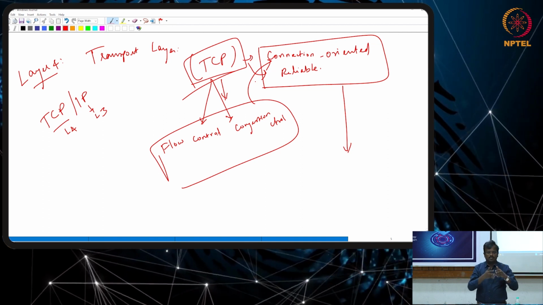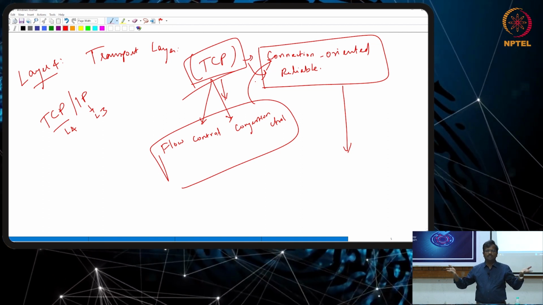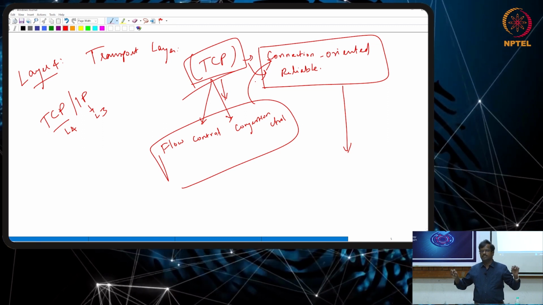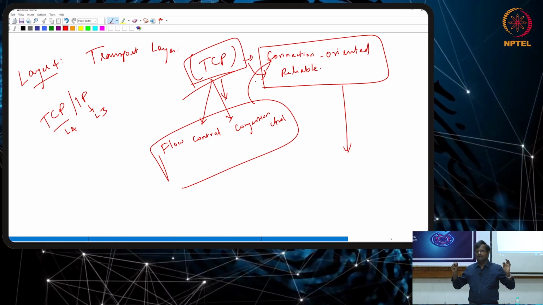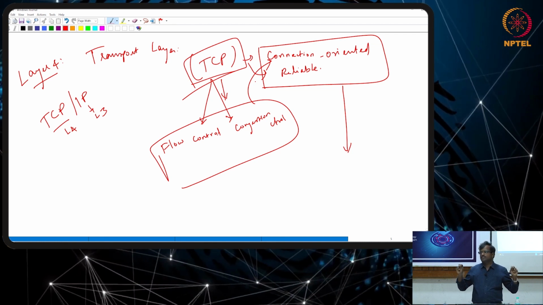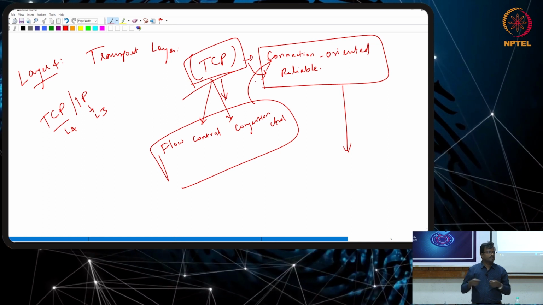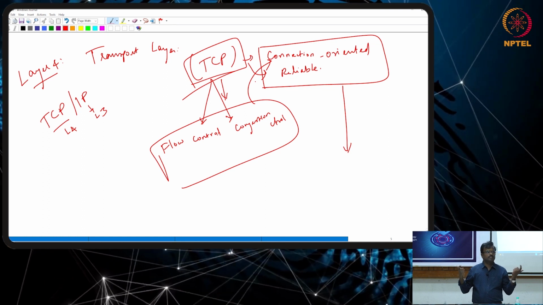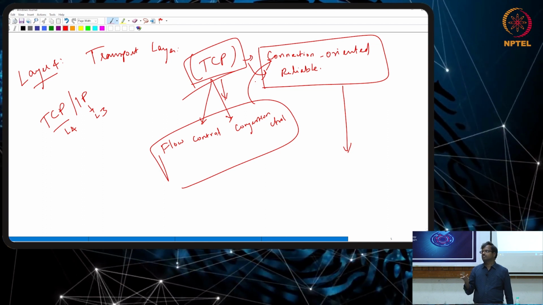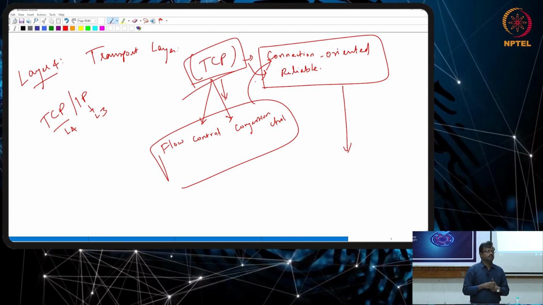So there is a sequence of data that is transmitted which is related, because you are not sending multiple traffic in TCP. TCP is between what pair of entities? TCP provides a connection between a pair of entities. What is that? Host to host, process to process, application to application, right?